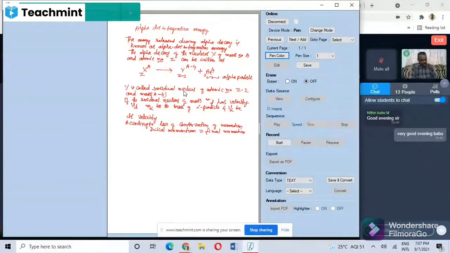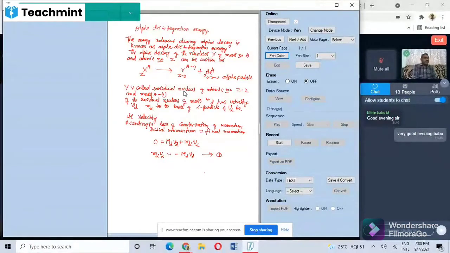Initially at rest, therefore its initial momentum is 0 and its final momentum is the mass of the residual nucleus into its velocity plus the mass of the alpha particle into its velocity. So 0 is equal to md vd plus m alpha v alpha, or m alpha v alpha is equal to minus md vd. Say this is equation number 1.